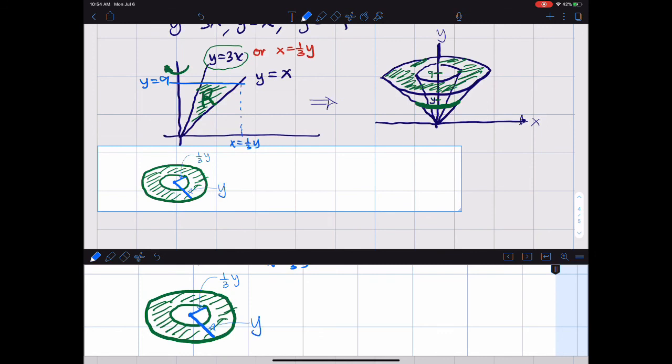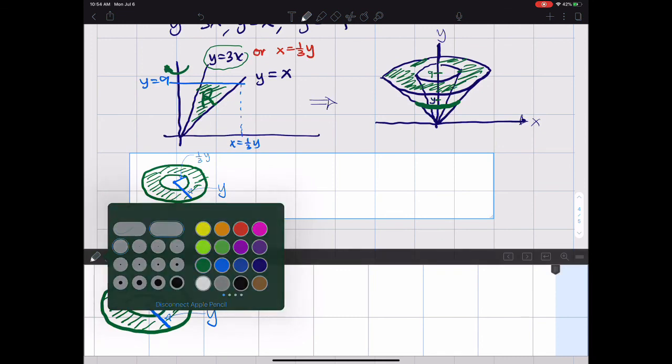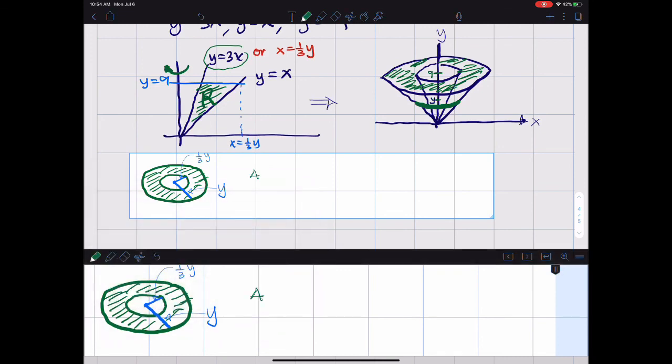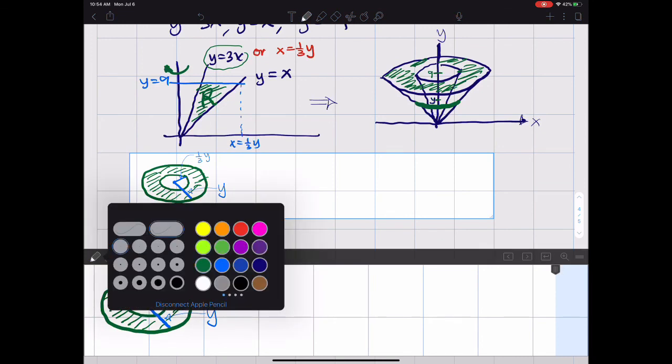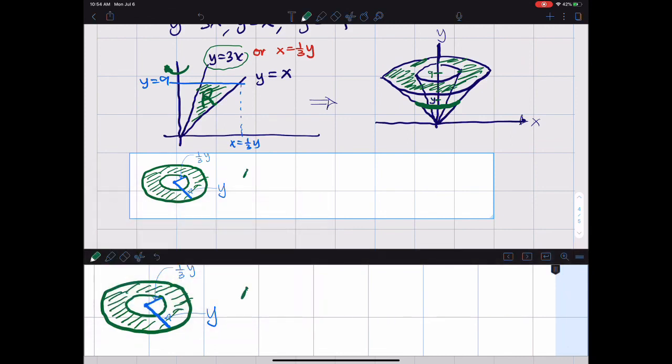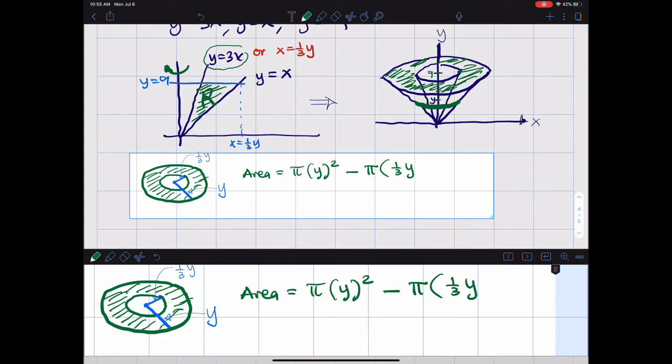So the area of this little thing is equal to the area of the outer circle, the larger circle, which is pi y squared, minus the area of the inner circle, which is pi times (1/3 y) squared.